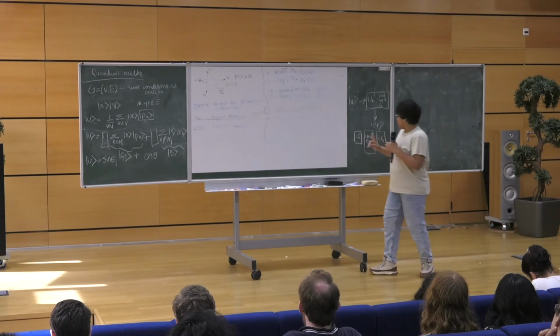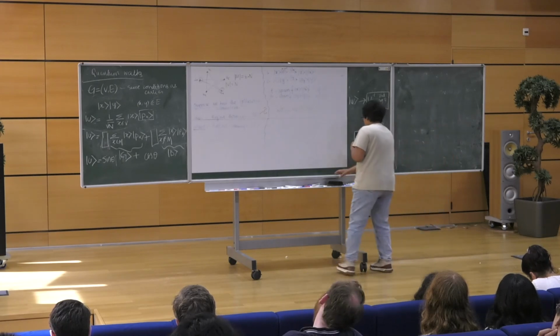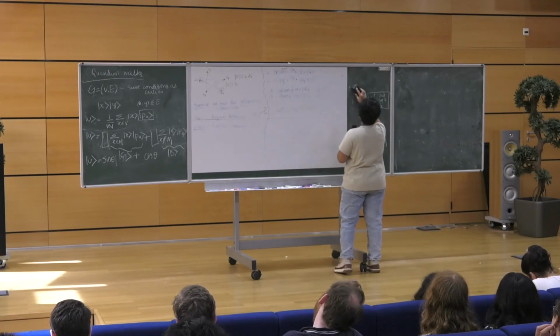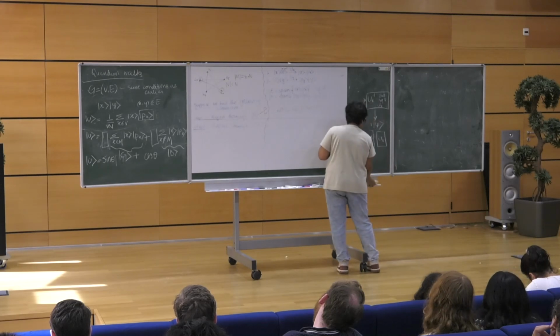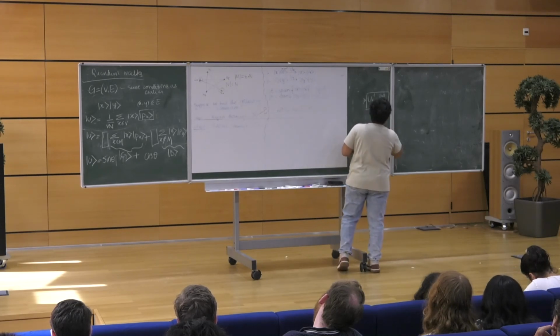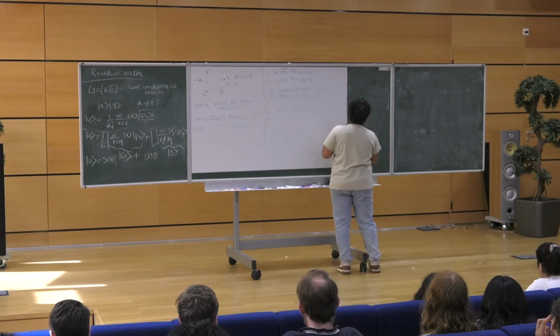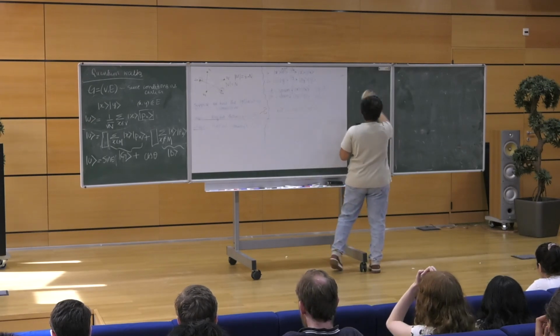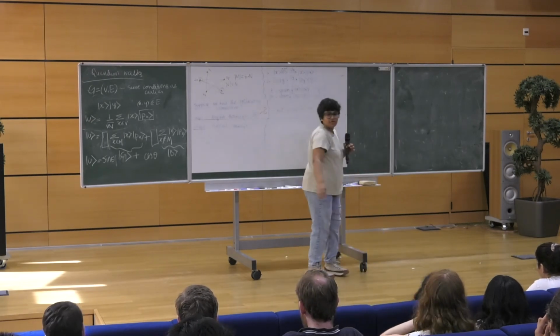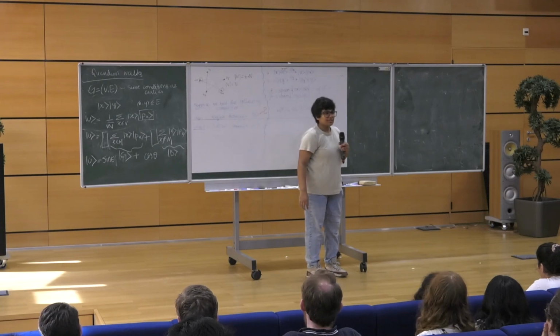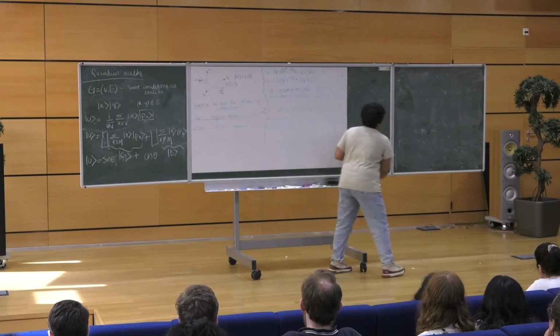Now let me bring to your notice another procedure, called the phase estimation procedure, that is very common in quantum computing. Have you heard of the phase estimation procedure before? Yes, okay. So now we're going to use phase estimation.